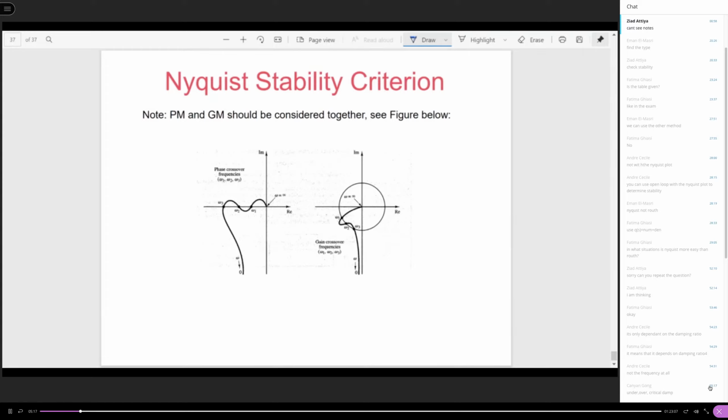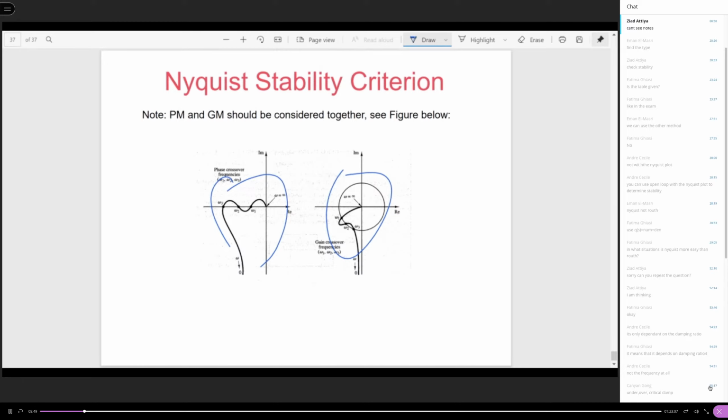When we define both the phase margin and the gain margin, you might realize that they are separate. Even though we define them separately, as an evaluation of the gain situation and the phase situation, in practice they have to be applied jointly.